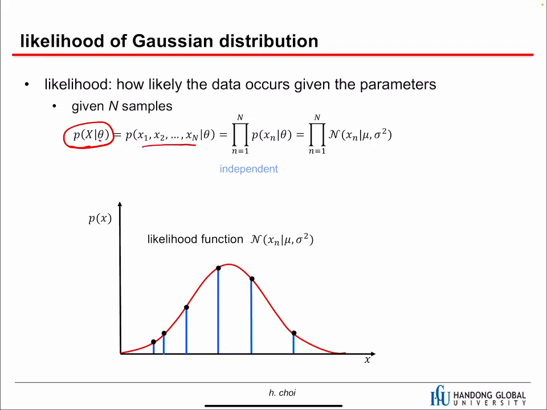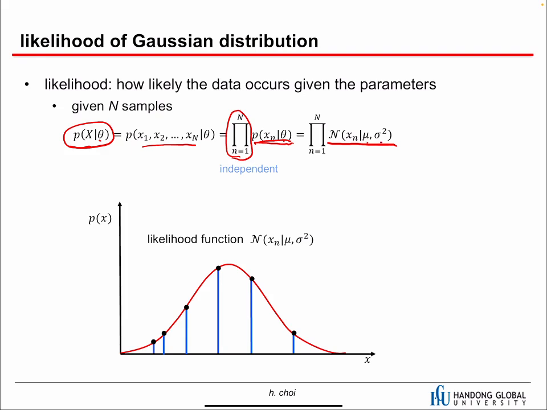So n samples are independent, so we can use this product. Now this one is about just one sample. And we assume that this probability distribution is Gaussian. So instead of just p, we use the normal distribution here. And instead of theta, we have mu and sigma squared.